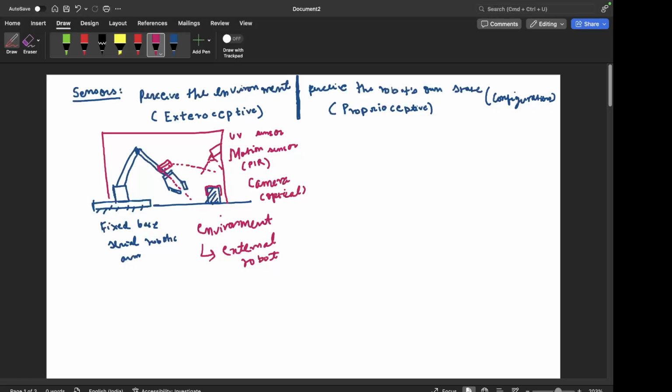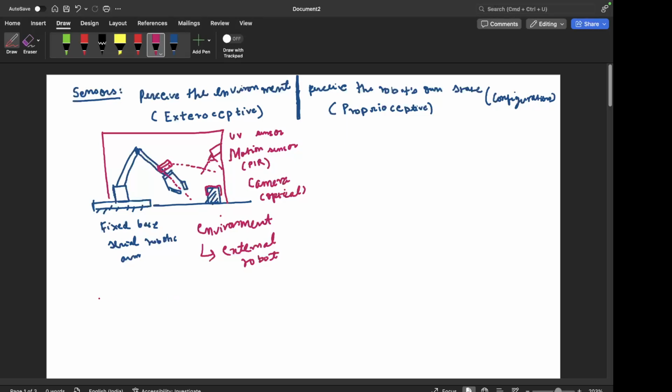If I place the robot in, let's say, a dark room, then a camera won't be needed, then based on that environment I would have to change the sensors, right? Some thermal sensors or IR sensors I would have to use. So these types of sensors depend on the environment in which the robot is working or being used, and the type of application that the robot has to do, basically, right?